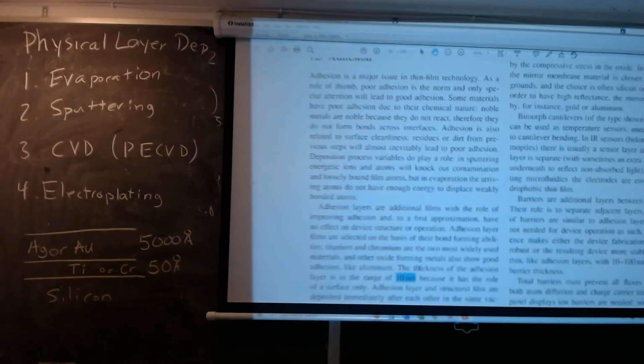So for a lot of projects, particularly where you have to have a thick contact, there's certain applications, certain recipes that call for, instead of 5,000 angstroms of the contact metal, as much as 5 microns. And if you think about it, you're using some evaporation source.